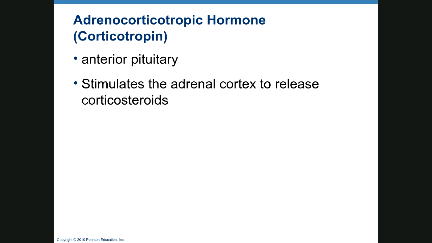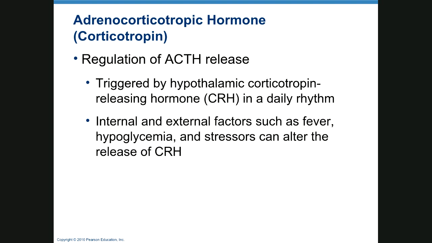Adrenocorticotropic hormone, also known as adrenocorticotropin, is released from the anterior pituitary and stimulates the adrenal cortex to release corticosteroids. Regulation of adrenocorticotropin release: corticotropin releasing hormone from the hypothalamus is released in a daily rhythm, generally in the morning.